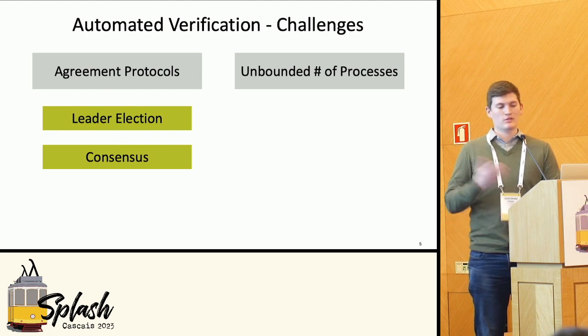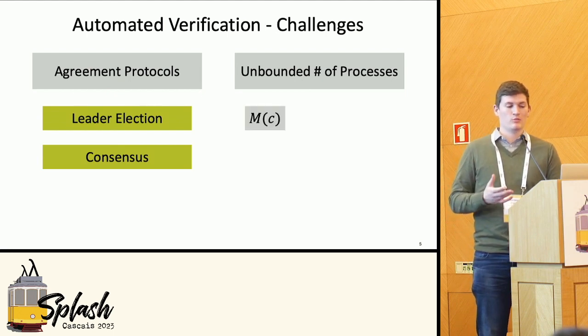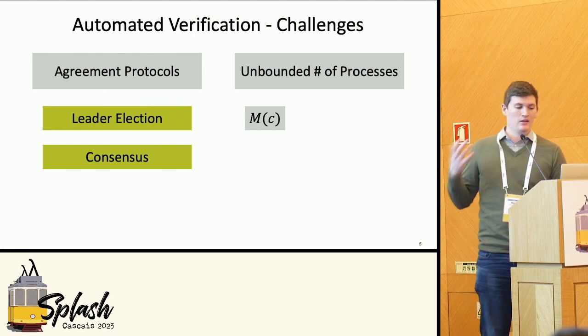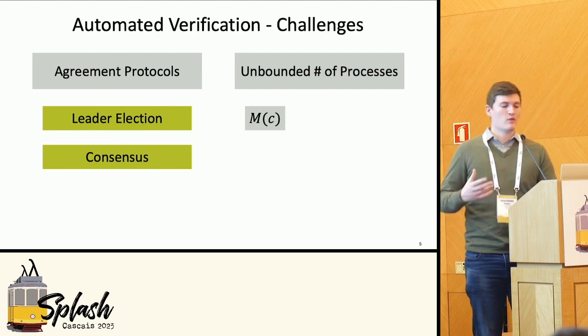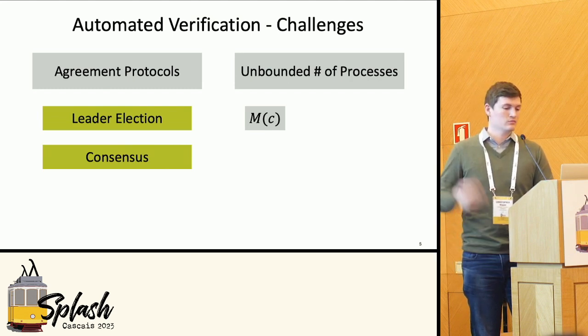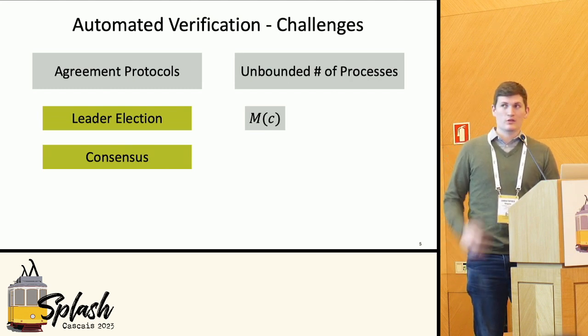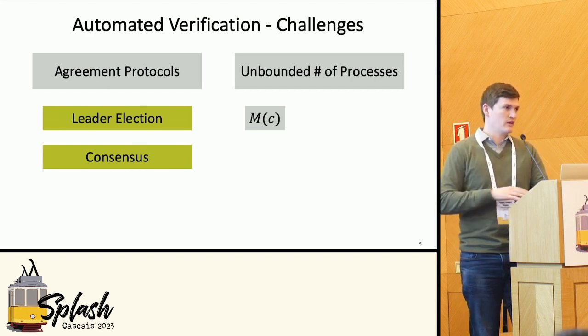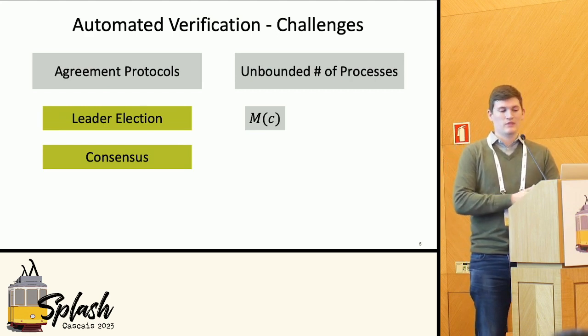Say we consider a system made up of some constant number of processes, let's call that constant number C, and let M be the parameterized model composed of C identical processes all coordinating together. Now, as long as each of those processes is itself finite state, the whole system is finite state, so safety verification is decidable.